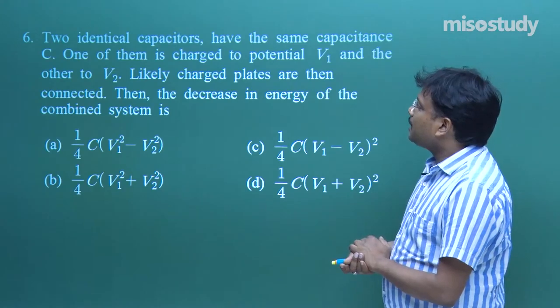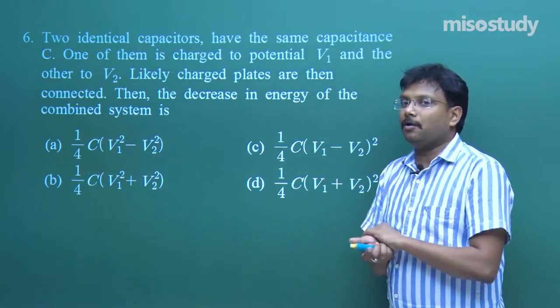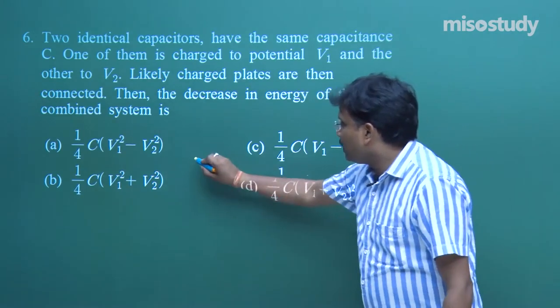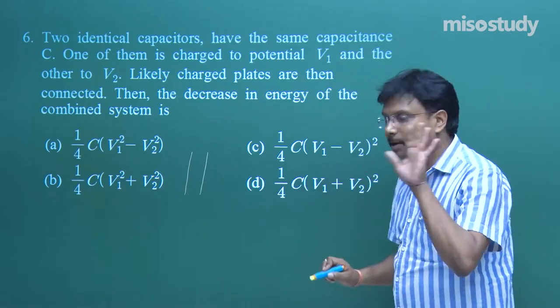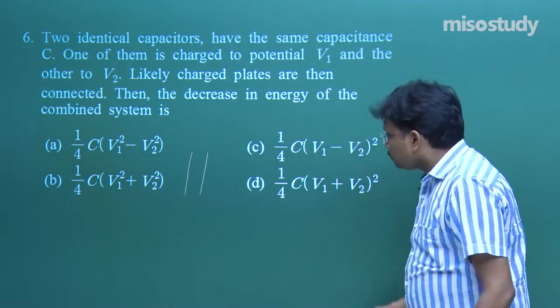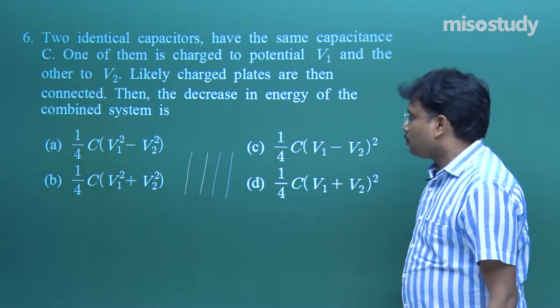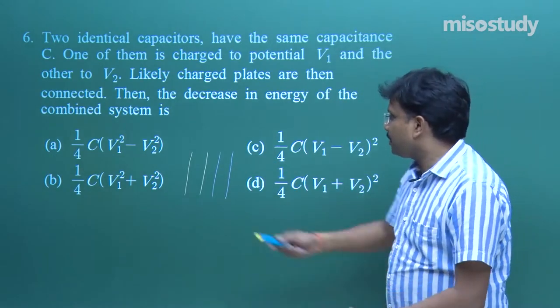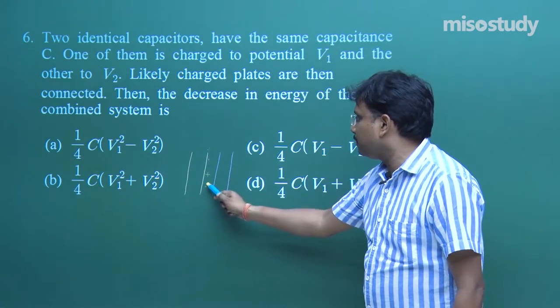Now, like charge plates are then connected. What is the meaning of this? Let me explain. Let us say this is one capacitor, just a symbolic representation, and this is another capacitor. Like charge plates means, let us say this plate is positively charged, and this one is also positively charged.